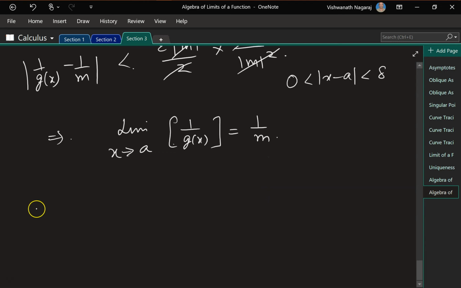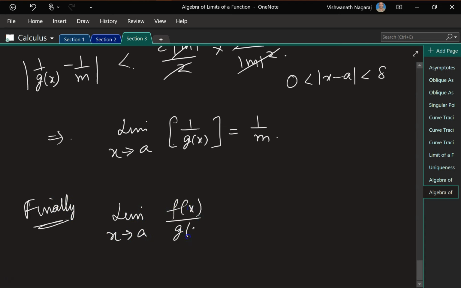And now finally, the limit as x approaches a of f of x by g of x is equal to, now we can write this as the limit as x approaches a of f of x times the limit as x approaches a of 1 by g of x.